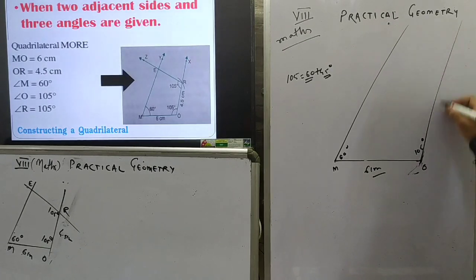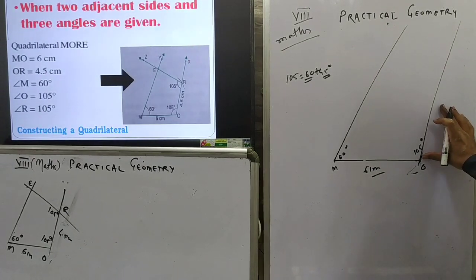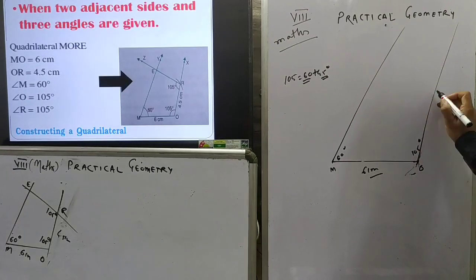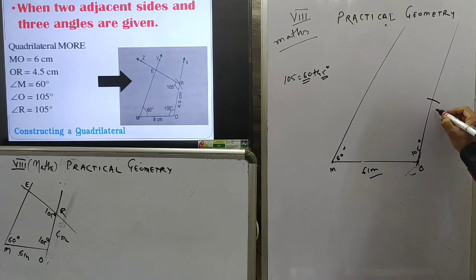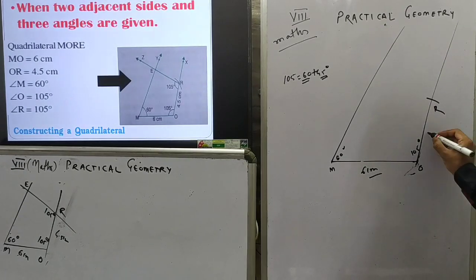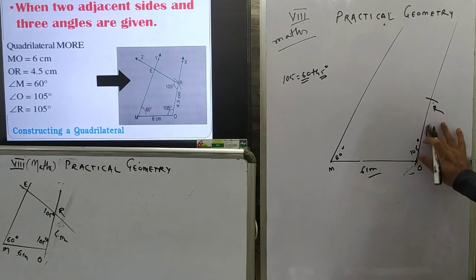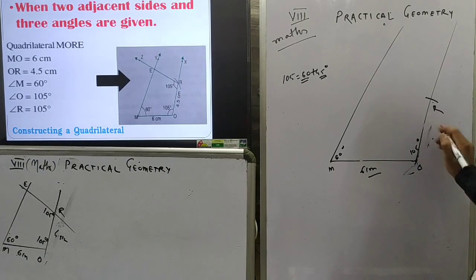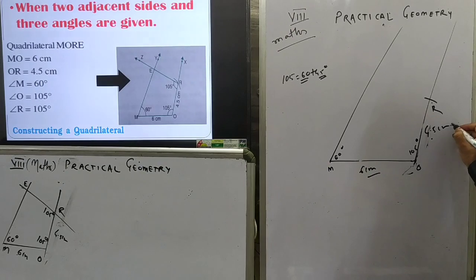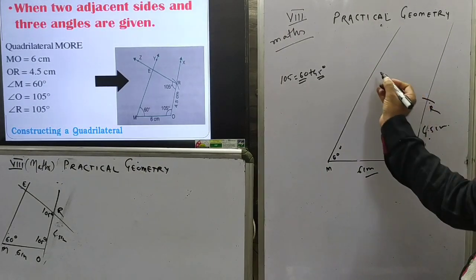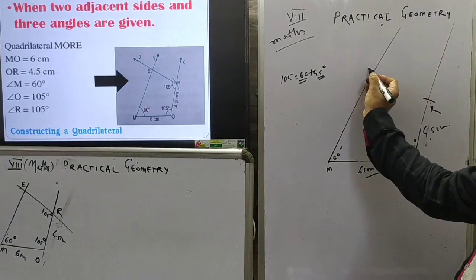On this ray there is point R, which is at 4.5 centimeter from this point O. Take 4.5 centimeter and draw an arc intersecting this ray at R. This OR is 4.5 centimeter. At R again construct 105 degree.